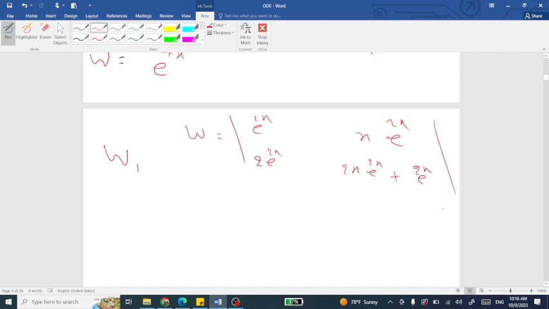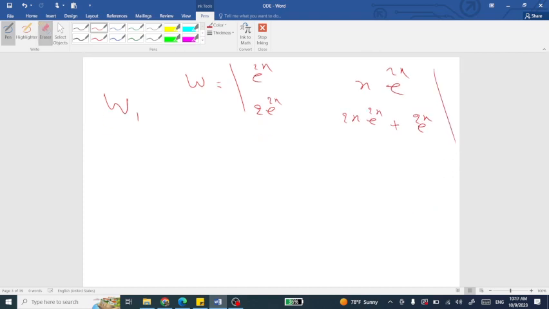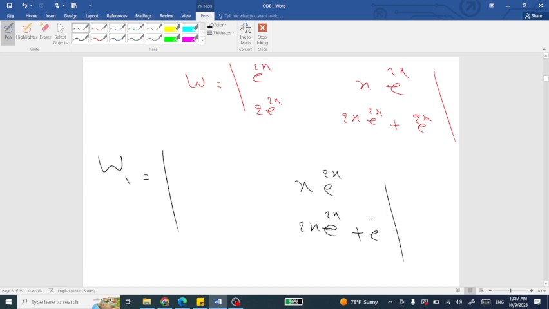So W1 is equal to the same, but then we are going to put 0 here, and the function in the standard form.